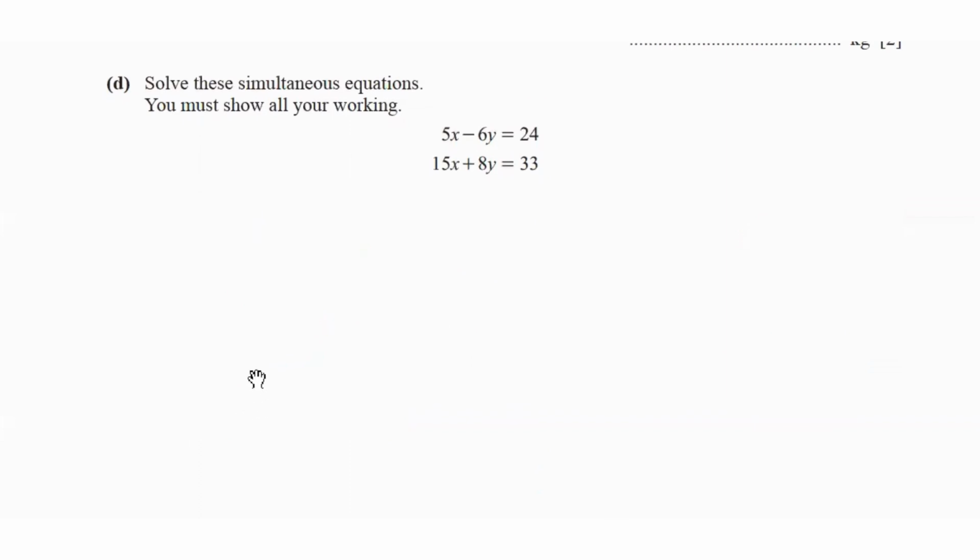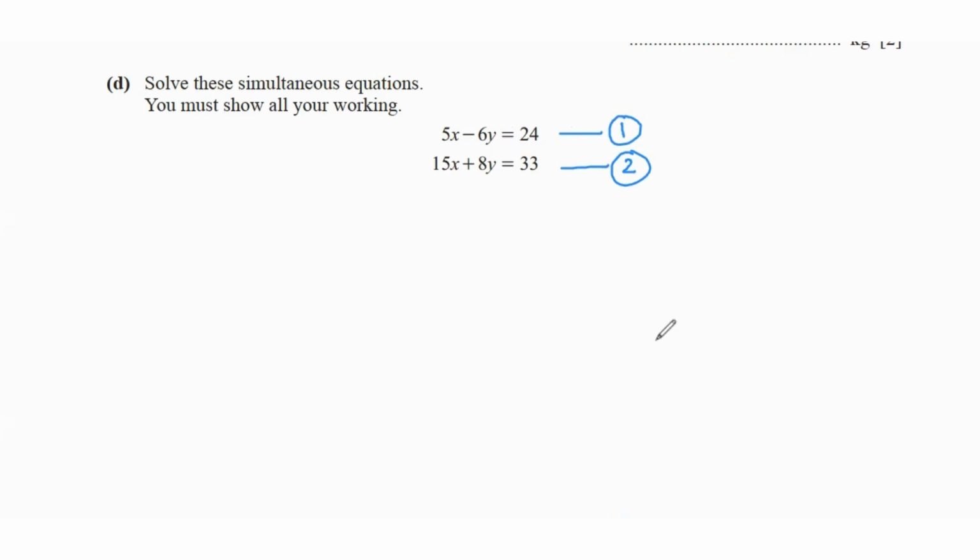Next part says, solve these simultaneous equations. You must show all your working. So the first equation is 5x minus 6y equals 24. And the second one is 15x plus 8y equals 33. So whenever we have a set of simultaneous equations, if this is asking us to solve it algebraically, you can either do substitution method or the elimination method.